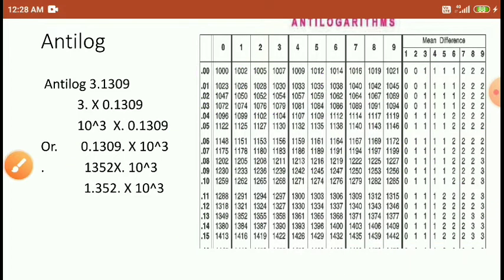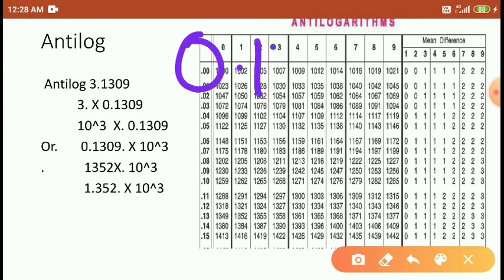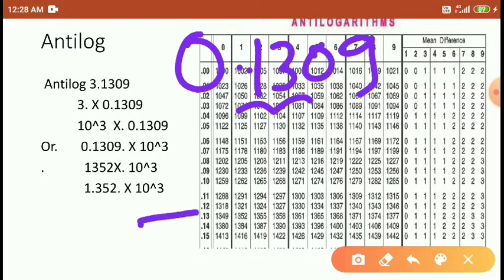Understood, students? Once again I will explain. For the value 0.1309, the 0.13 is here. In this 0.13 row, you go for the zeroth column, and the value is 1349.